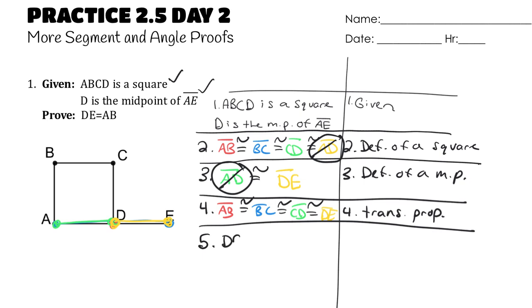We can say that DE equals AB, right? If segment DE is congruent to segment AB, then they have to be equal. Congruent means that they're the same, they're equal. So our reason over here is going to be definition of congruent.